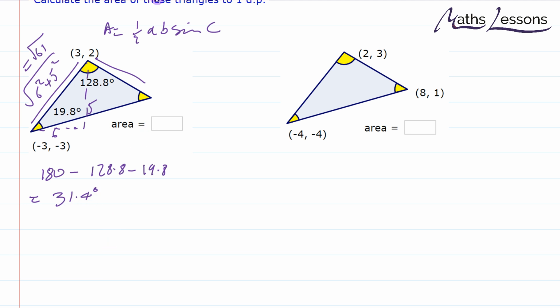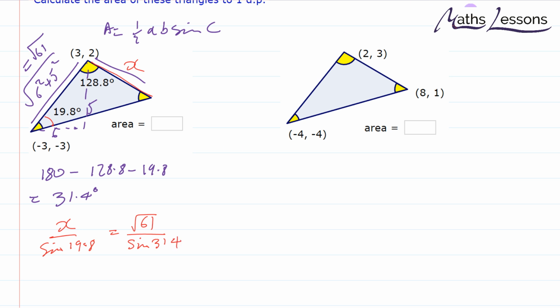If I now do this angle with this side, I'm going to call this side x. So I'm going to have x over the sine of this angle here, 19.8, equal to this length, which is the square root of 61, over the sine of this angle here, which is 31.4.